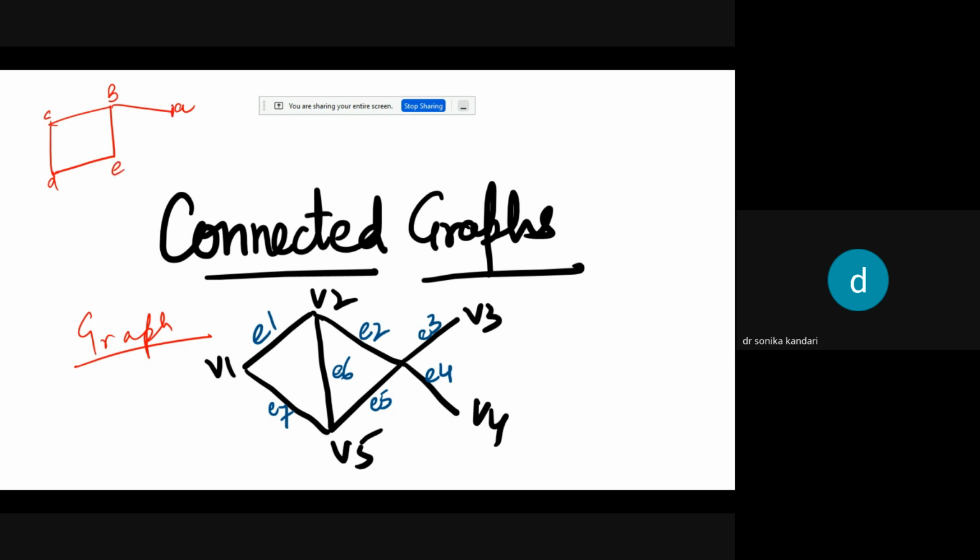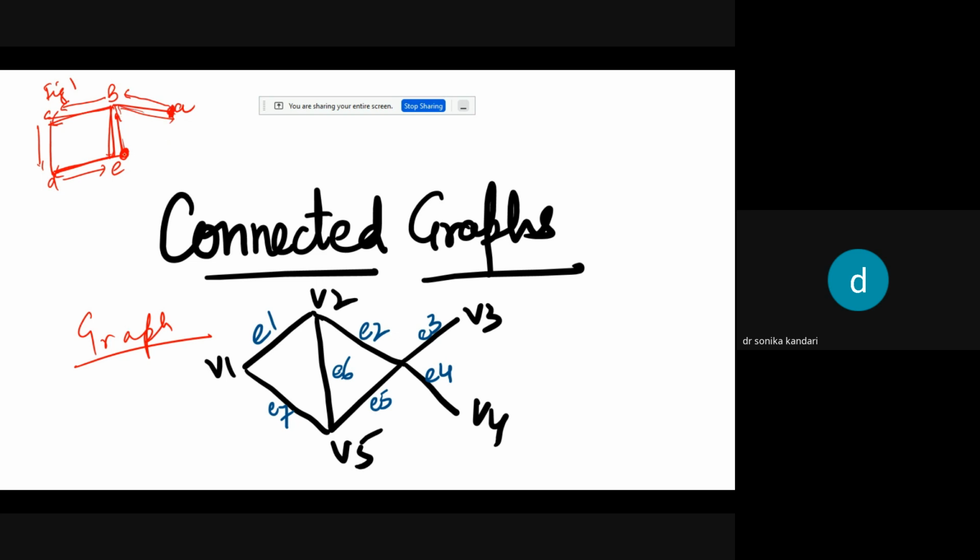Like this is the graph in figure 1, and if we start from A, we can move to B, C, D, E, and back. From B we can move to A, to E, to D, to C. It means from any vertex we can reach any other vertex.